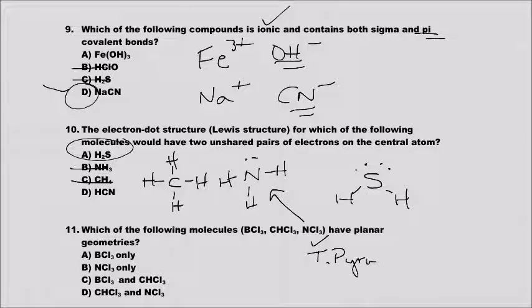And if you've built this in your first year class or maybe in a model kit just recently, you'll see that it isn't flat or planar. The next one, CH3Cl, is just a slight variation of CH4. It's tetrahedral, definitely not going to be flat. All the bonds are going in every direction.